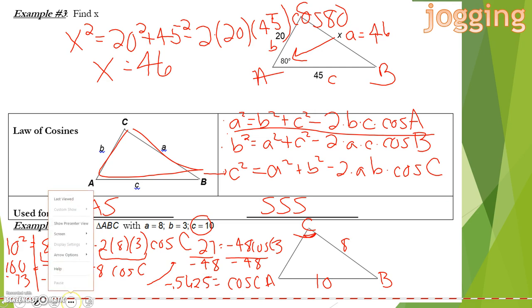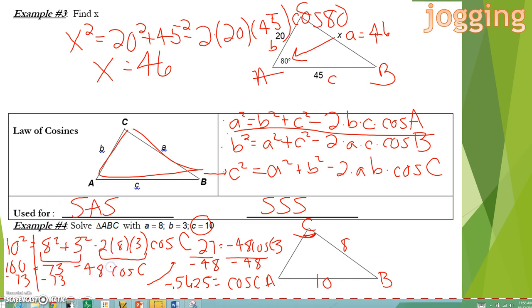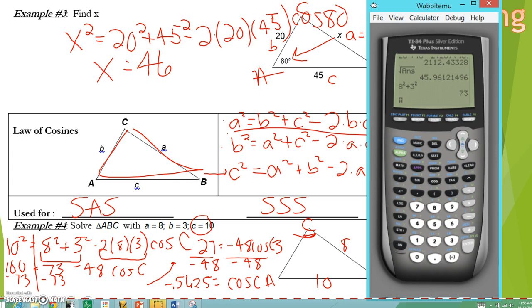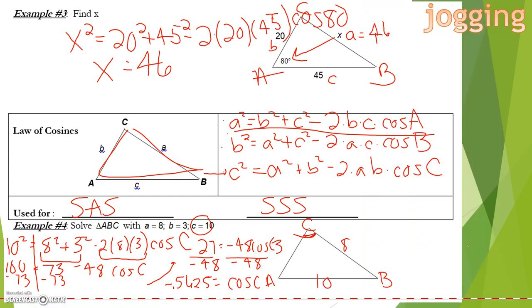So then, since I'm trying to find an angle, I do second cosine of what's on the other side of the equal sign. And I get 124 degrees. So my angle right here is 124 degrees.